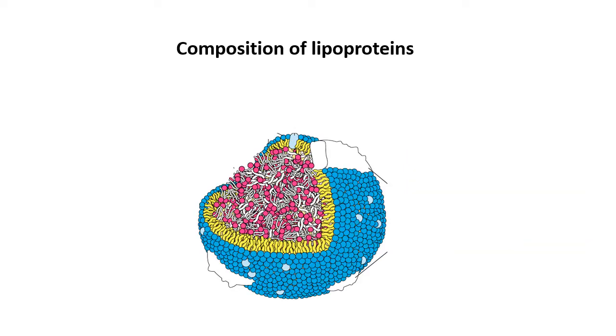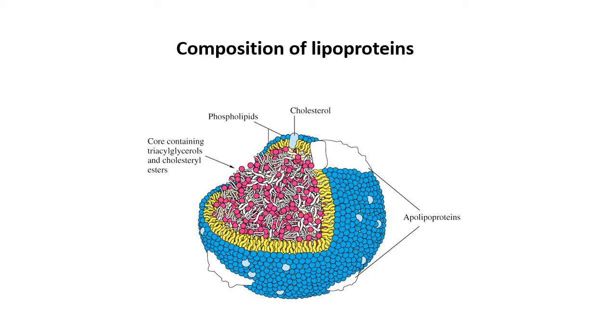This figure shows us the structure of lipoprotein, which is composed of a hydrophobic core of triacylglycerol and cholesterol esters. This core is surrounded by a single layer of amphipathic apolipoproteins, phospholipids, and non-esterified cholesterol.